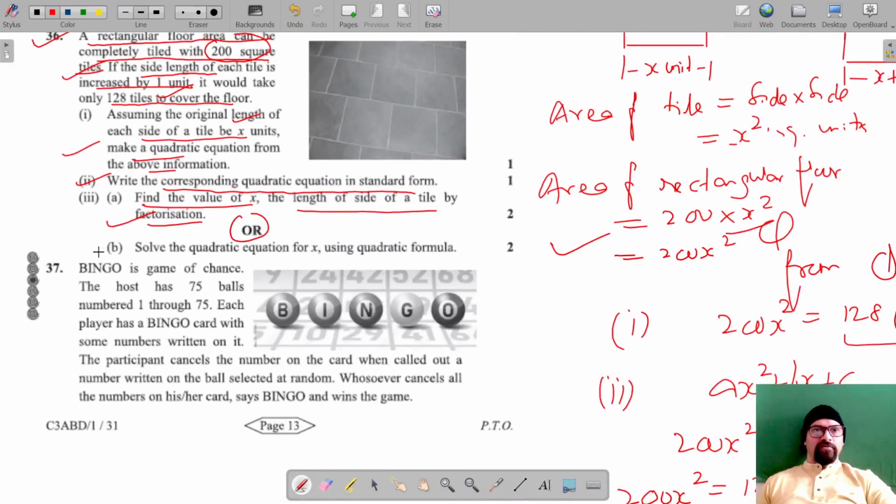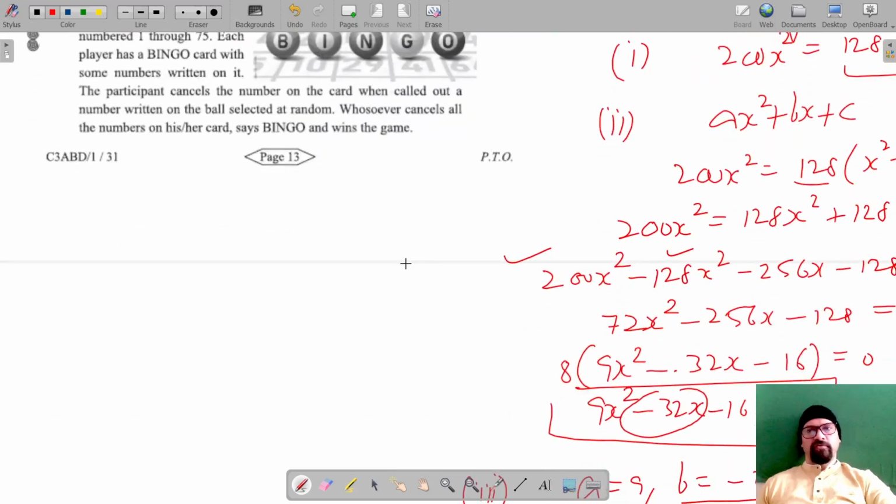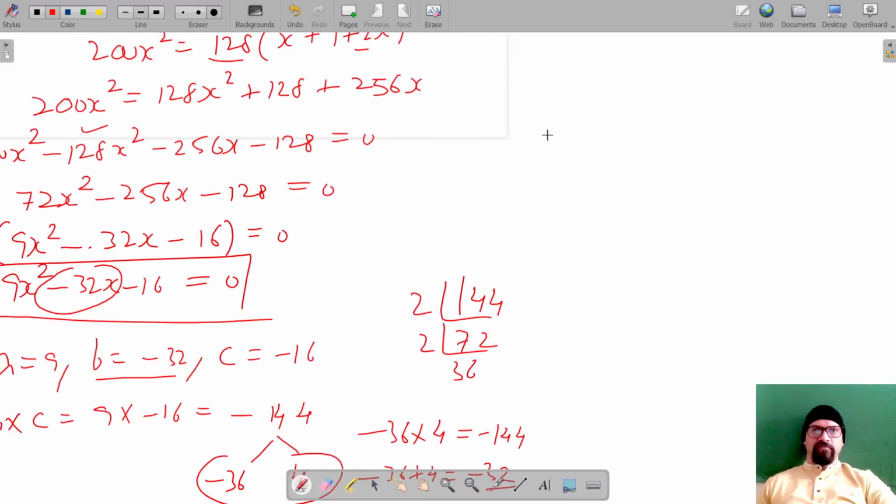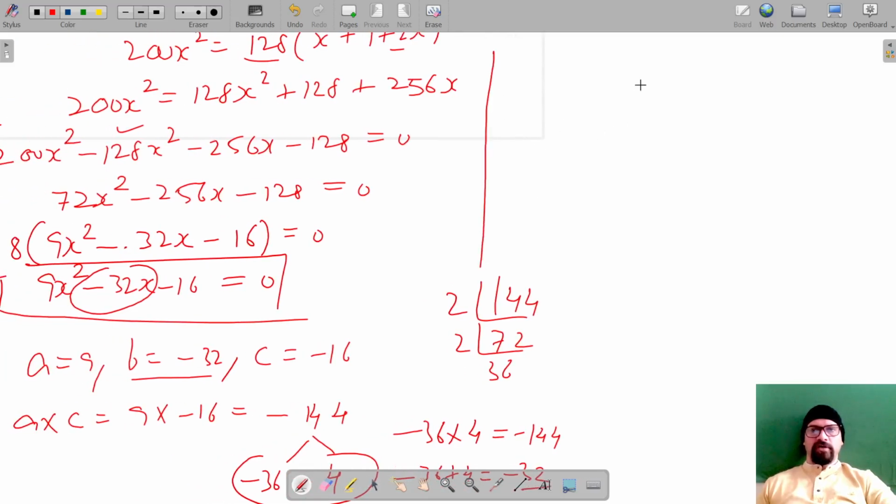Now we are going to solve the OR section, which asks us to solve the quadratic equation for x using the quadratic formula. This is our quadratic equation, and by the quadratic formula, x is equal to minus b plus minus root of b square minus 4ac, by 2a. Let's put in the values.